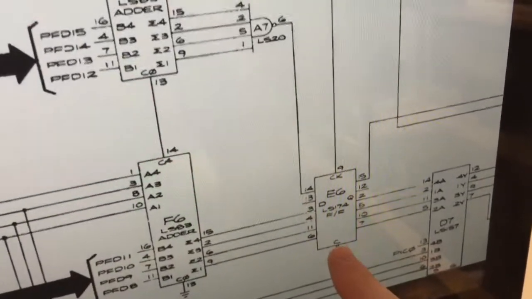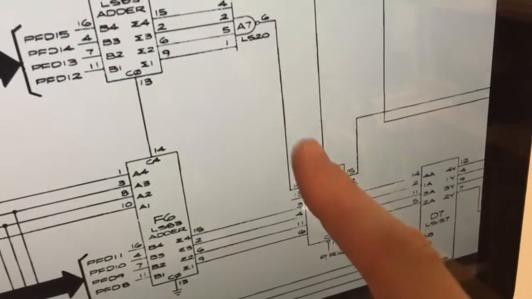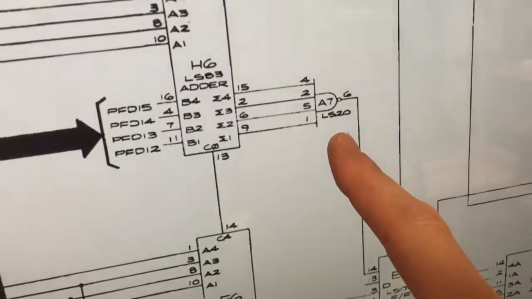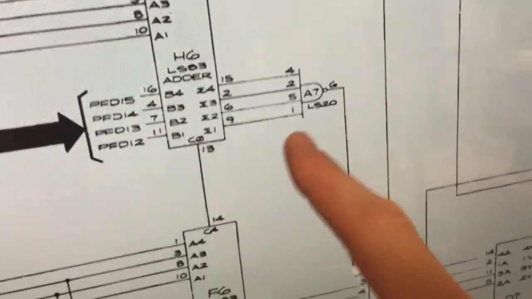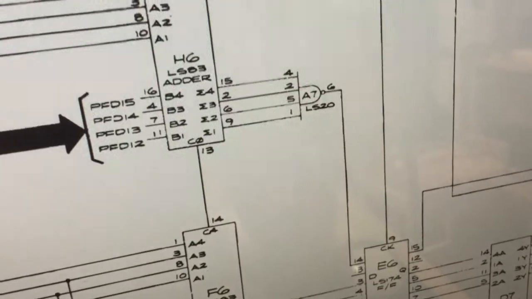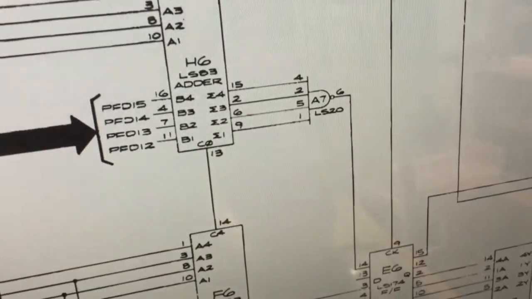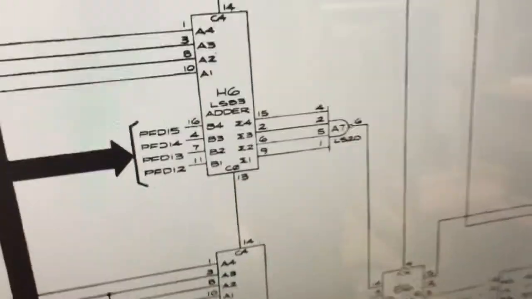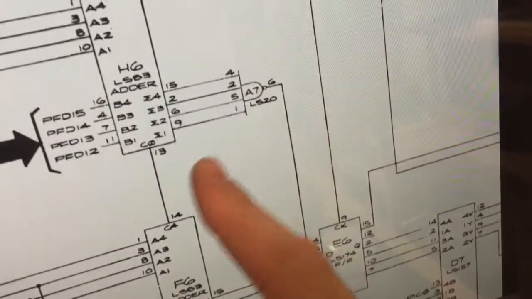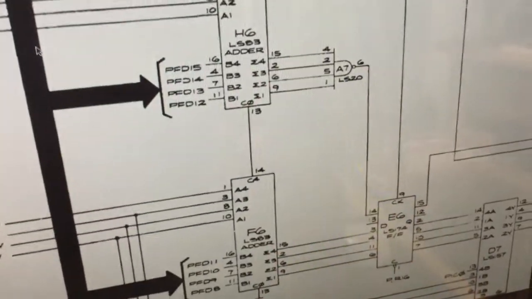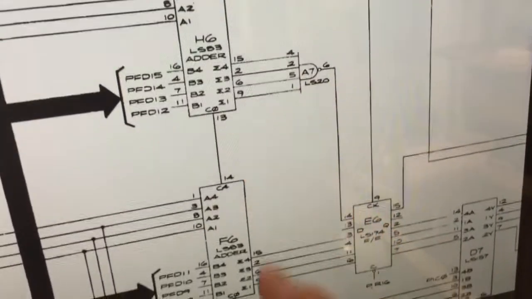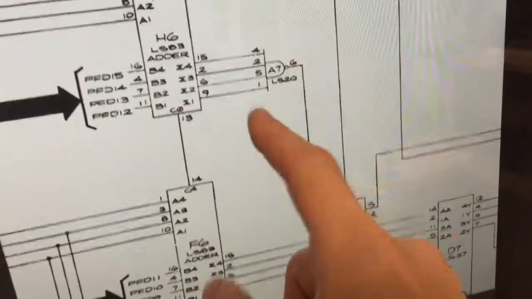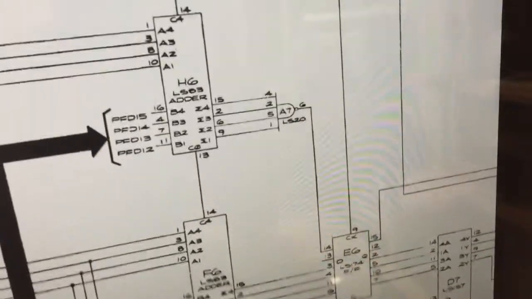These outputs are fed into a buffer, and over here we have a logic gate, which is a 4-input NAND gate, as it looks. And I actually did already probe around with these components with my logic probe on the board, and I found something very interesting about this logic gate, which I'm going to show you.